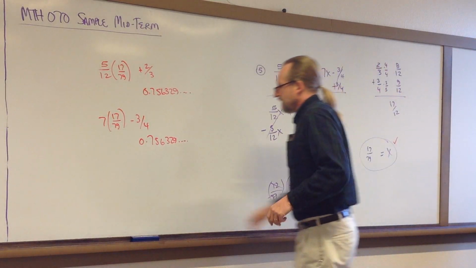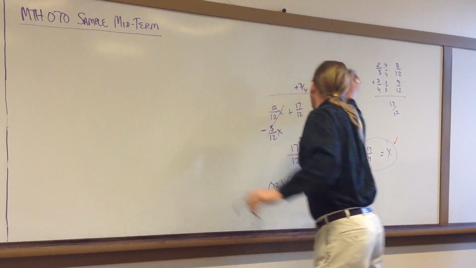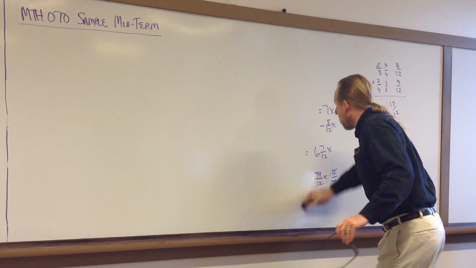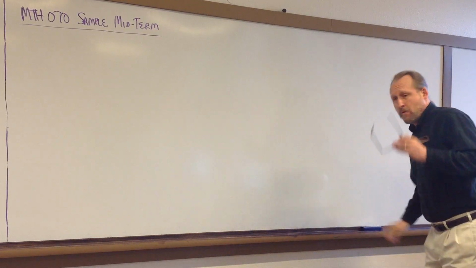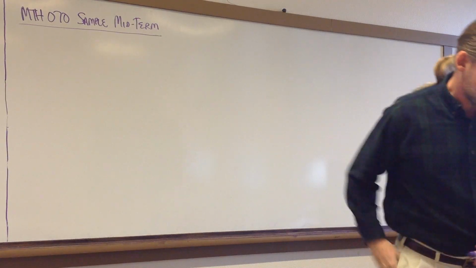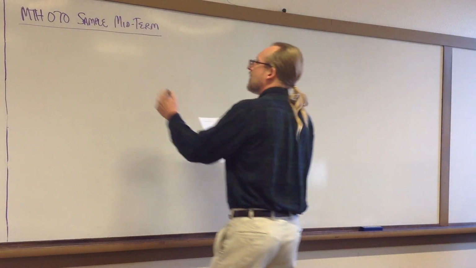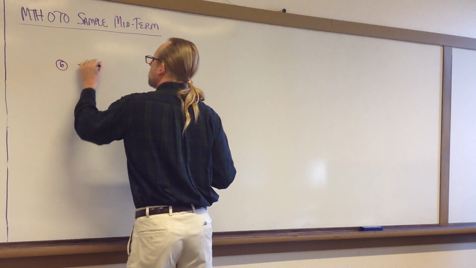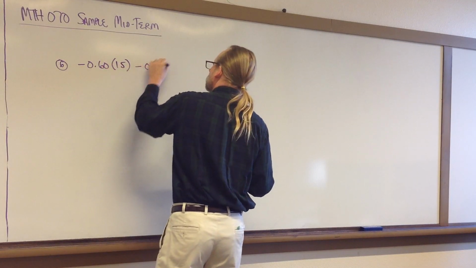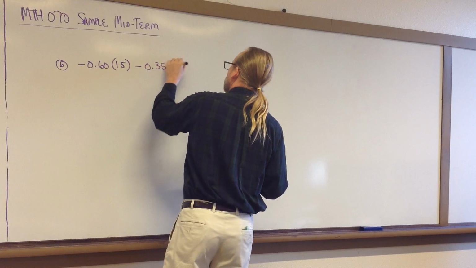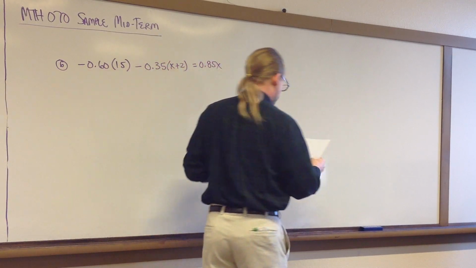We'll look at problem 6. Another equation here. Negative 0.60 times 15 minus 0.35 times x plus 2 equals 0.85x.